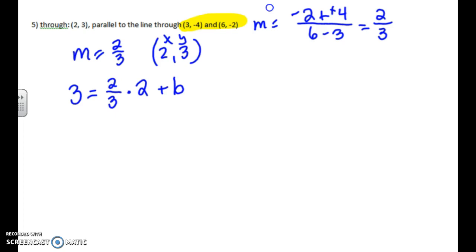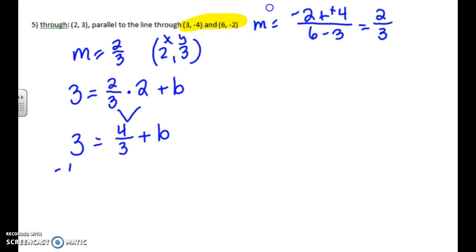So like we've done in the others, we set it up as y equals mx plus b and substitute our y, our m, and our b, and then we can simplify that. 2/3 times 2 gives me 4/3. And then I'm going to subtract that 4/3 over to the other side. Now 4/3 is 1 1/3.